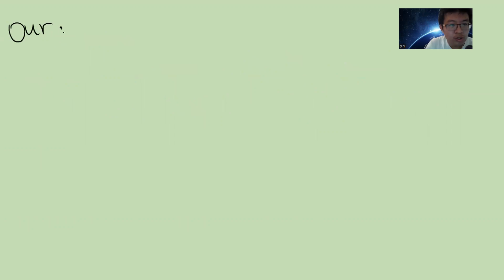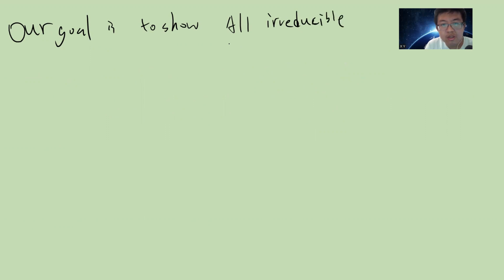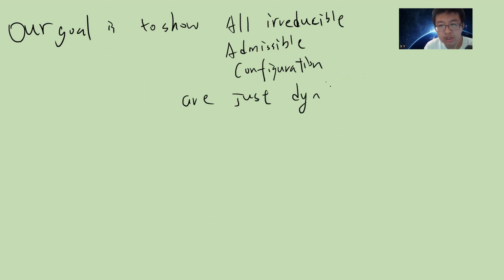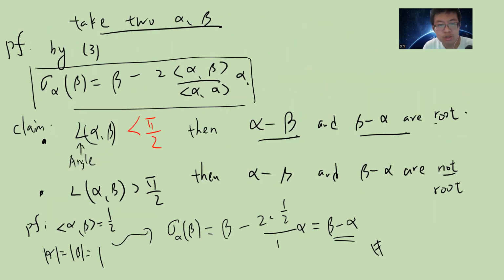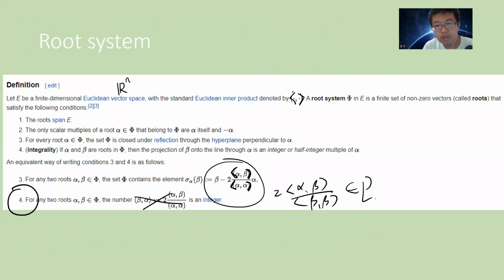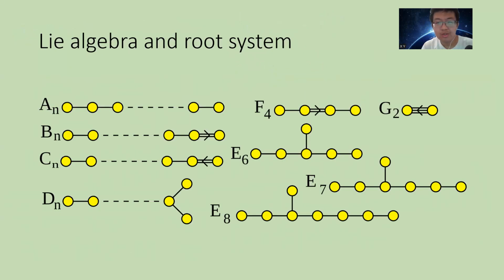Okay, so our goal in this video is to show that all irreducible admissible configurations are just these diagrams.